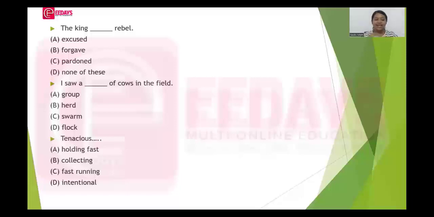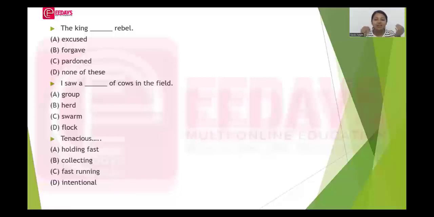So next one, tenacious. See the first one, "the king dash rebel," that is also one of the vocabulary questions. Tenacious is also a vocabulary question. So what is the difference? The difference lies in the statements. Here a statement is given, so even though you don't know the exact meaning, trying the options in the statement and figuring out the meaning will help you tell the right answer.